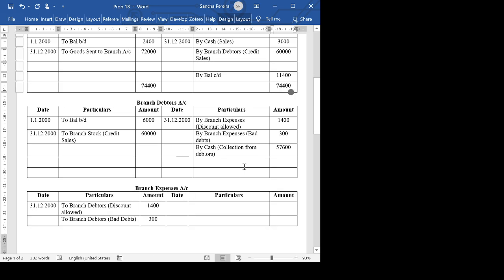Coming to the branch debtors account, this is 66,000. What will be the balancing figure here? It's very obvious.